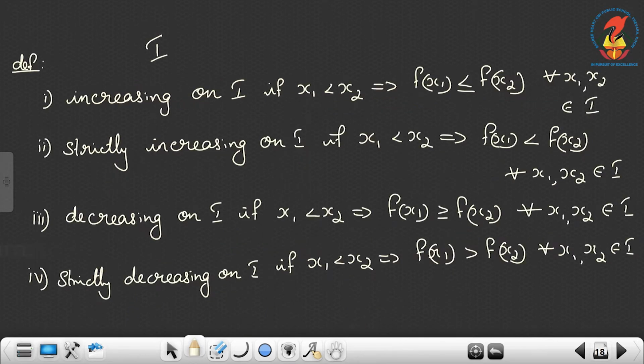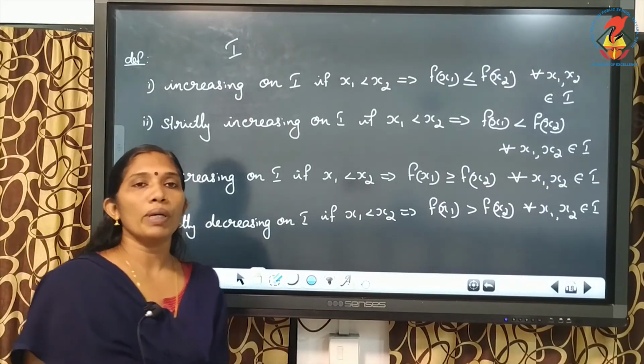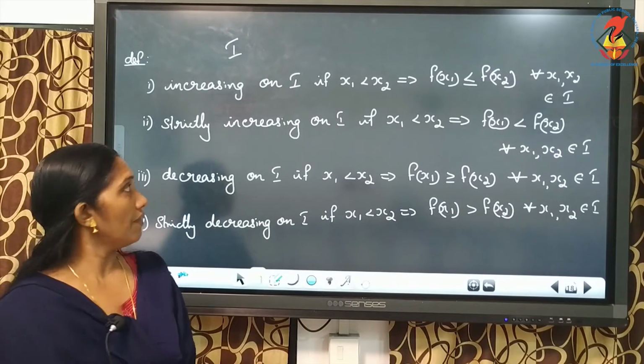So, here the definition is like this: let I be an open interval in the domain of the real valued function f.